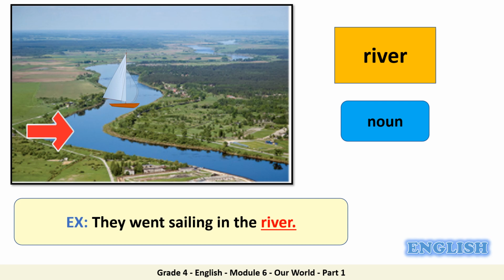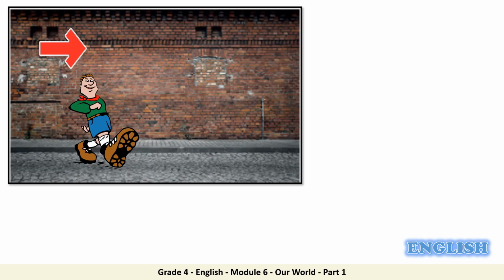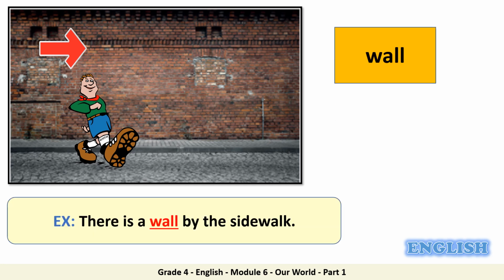It's a noun. What about this picture? Can you see the boy walking? But what is on his side? It's a wall. Can we use wall in a sentence? There is a wall by the sidewalk. Can you tell me the part of speech?